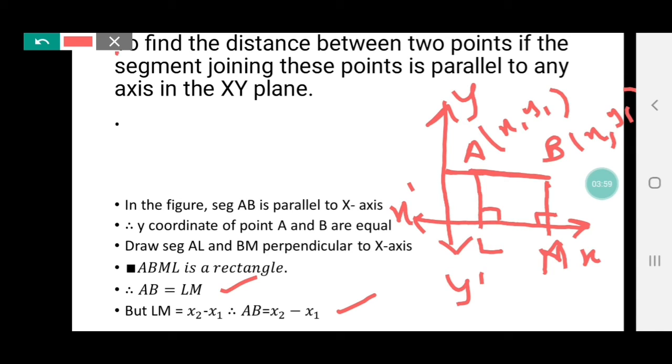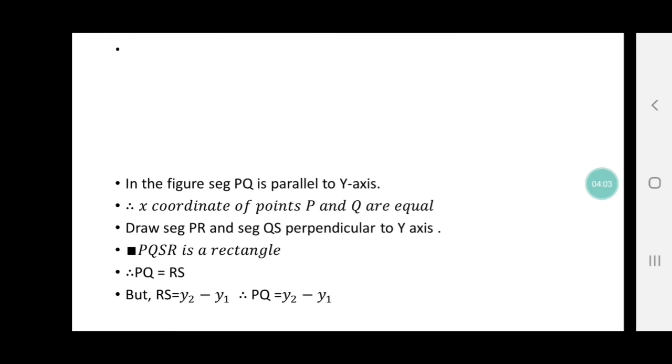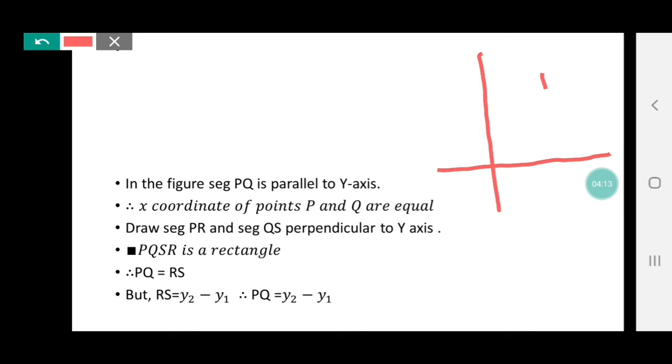Now the line segment parallel to the y-axis. It will be the same way. So this is PQ, which is parallel to the y-axis. If I have to draw perpendiculars over here, PR is perpendicular to the y-axis and SQ is perpendicular to the y-axis.